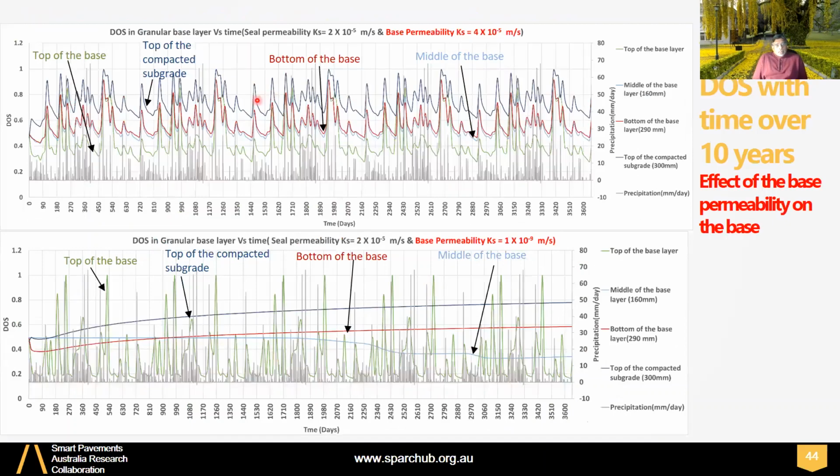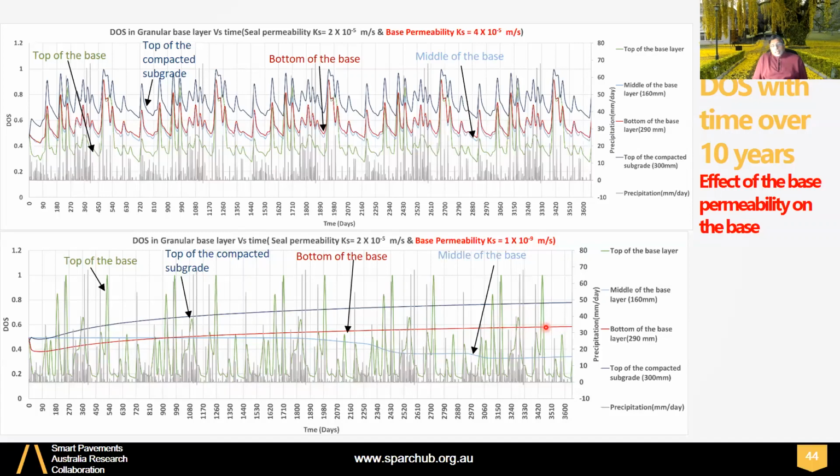Then here, another example. Let's say the seal is permeable because it cracks and other things, but the base permeability has been dropped to a low value, 10 to the minus 9, right? This is not common. So let's say we do that. If we do that, then we can also bring down these degree of saturation variations.